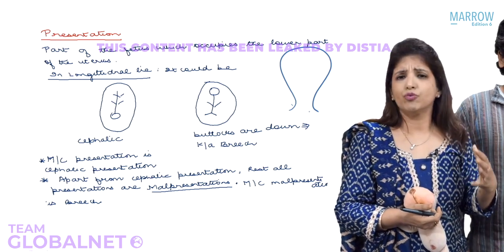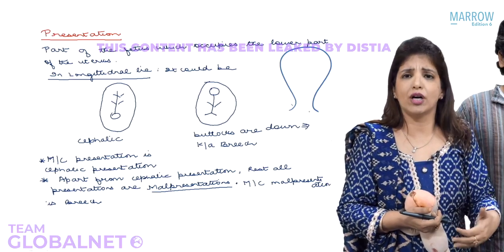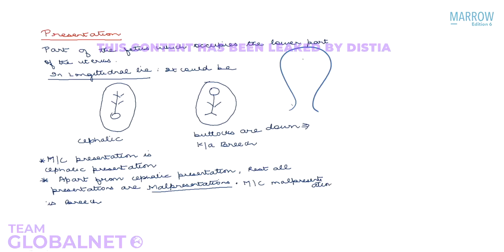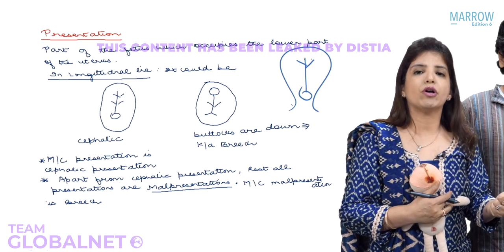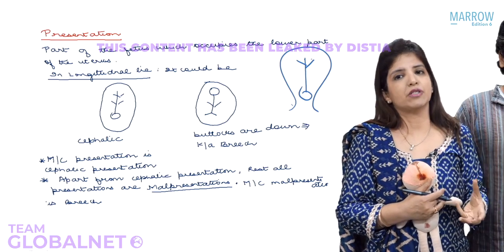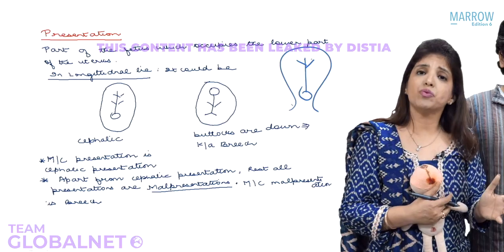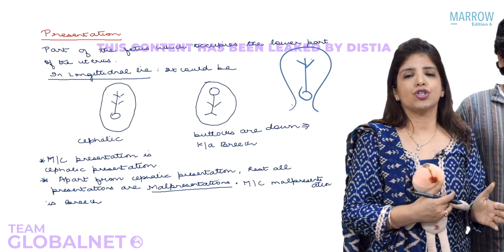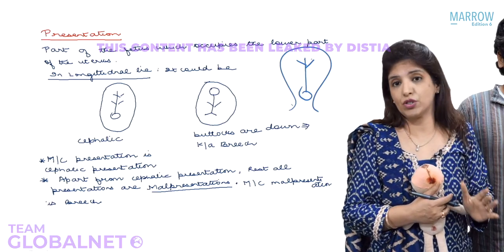So very gracefully the head says to the buttocks, I need less space, so I will go down, you can go up. And that is why you have cephalic presentation, number one reason. Number two, because of gravity, the head, being heavier, will come down, right? That is why cephalic presentation is the most common presentation and it is the only normal presentation.